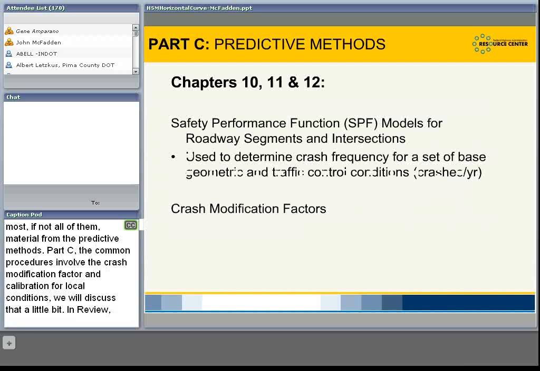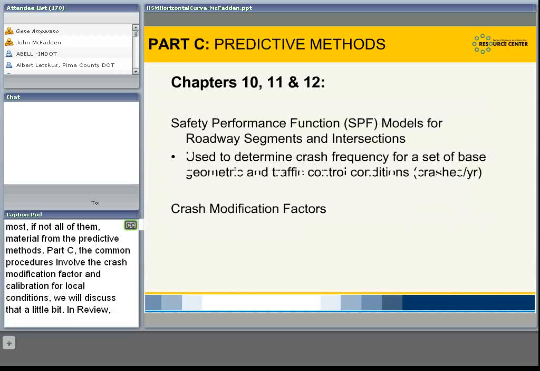Similar to how, if anybody has used the Highway Capacity Manual, you operate from the ideal condition as it relates to capacity, where a freeway segment can potentially put through 2,300 passenger cars per hour per lane.